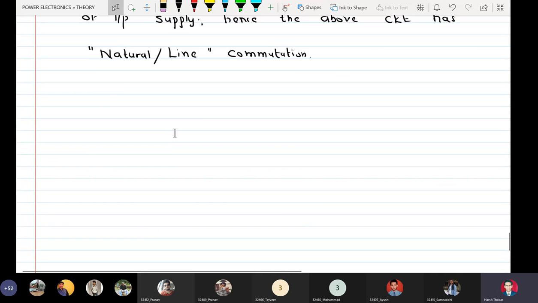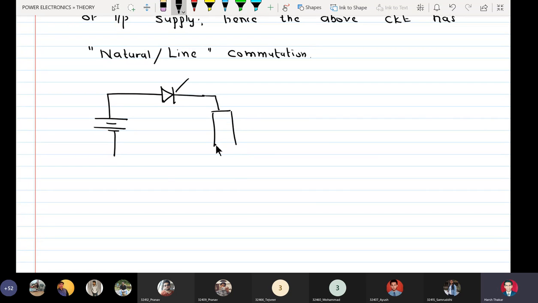Okay, now understand students, if I replace the AC supply with a DC supply, I still have the SCR and I have the load connected like this. I apply a firing pulse of the appropriate duration and of appropriate amplitude.